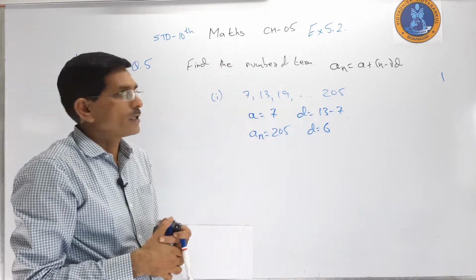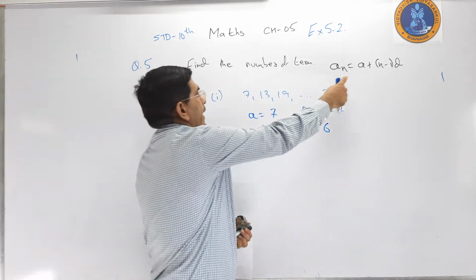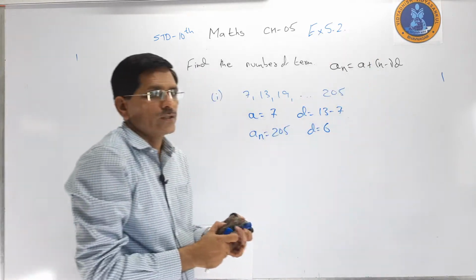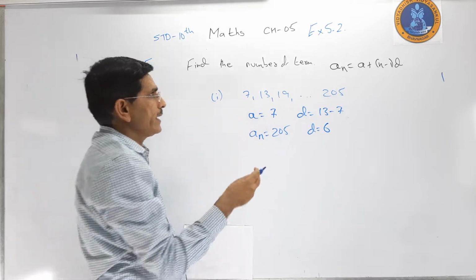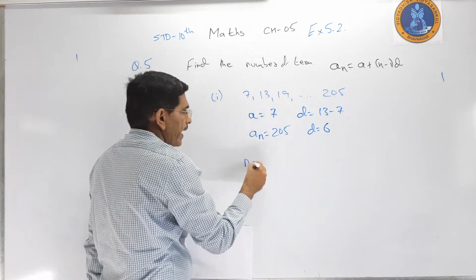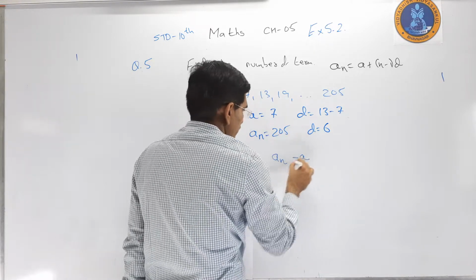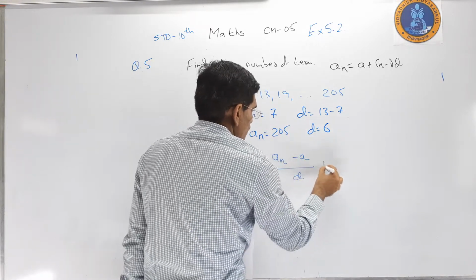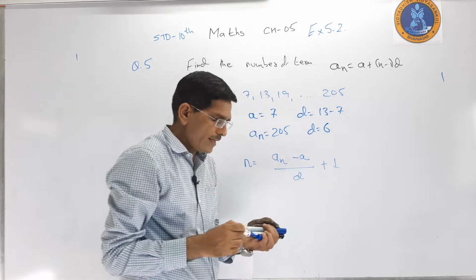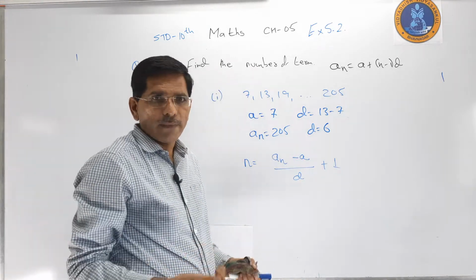Now if I want to find n, by applying the formula I already explained, n is equal to an minus a by d plus 1. That formula we have already implemented.